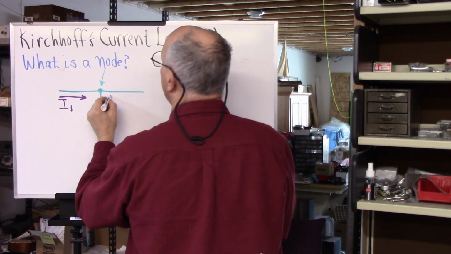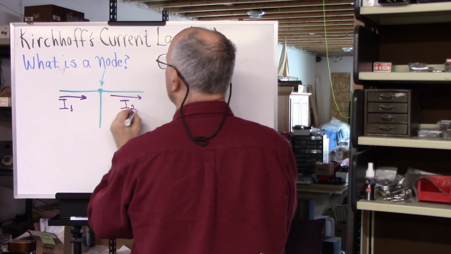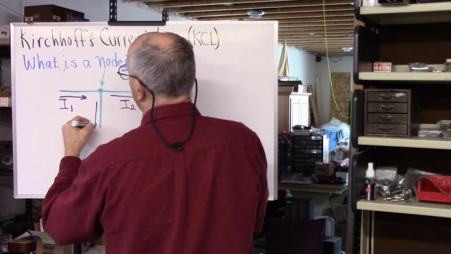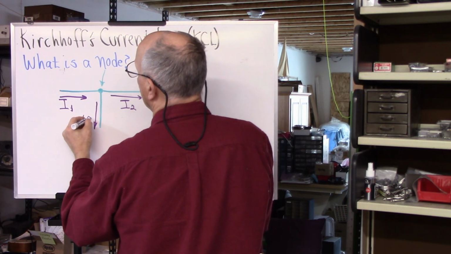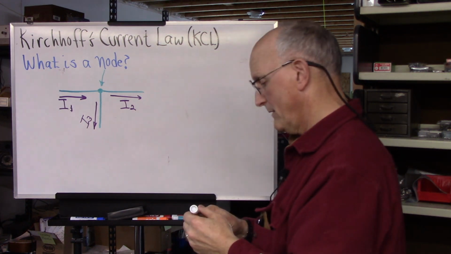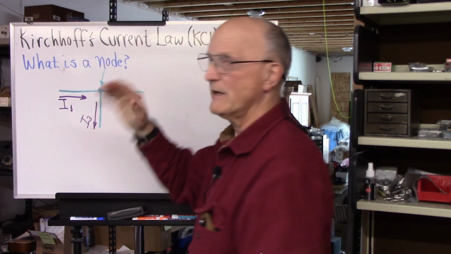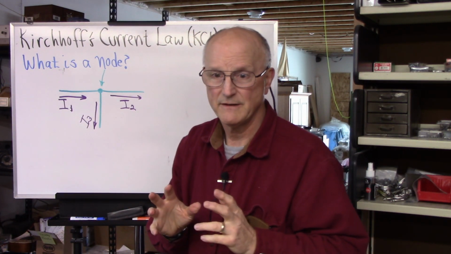We have current going out here. This is I2. And we have current, in this case, going out here. We'll call this I3. Well, again, the electrons have to go somewhere. They can't bunch up in the middle of all of this stuff.